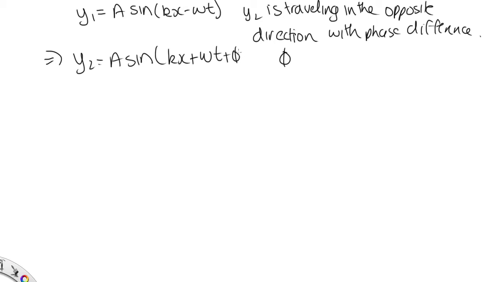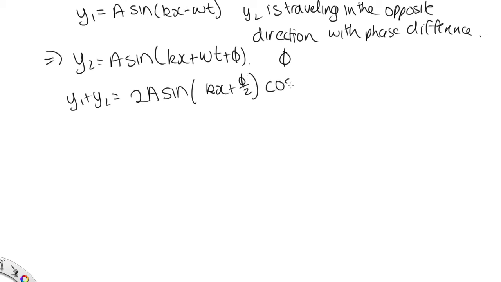And now y1 plus y2, when we add these two together, is equal to 2a sine. Now we need to sum everything in here: kx minus omega t plus kx plus omega t plus phi gives us 2kx plus phi, and then we need to divide by 2. So that gives us kx plus phi on 2.